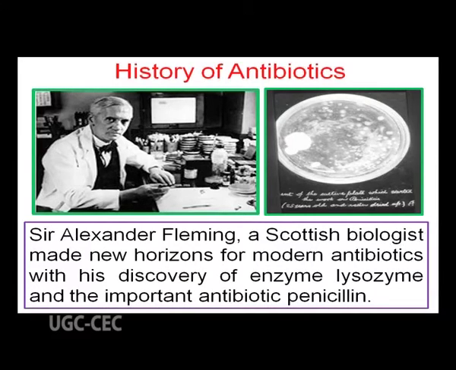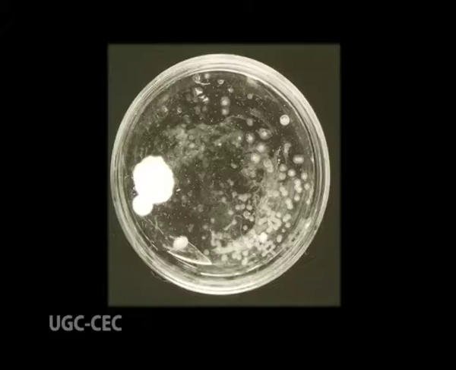He found that when he grew Staphylococcus aureus on a Petri plate and left it for some days in his lab, another contamination appeared on the plates. It was a contamination by the mold Penicillium notatum.